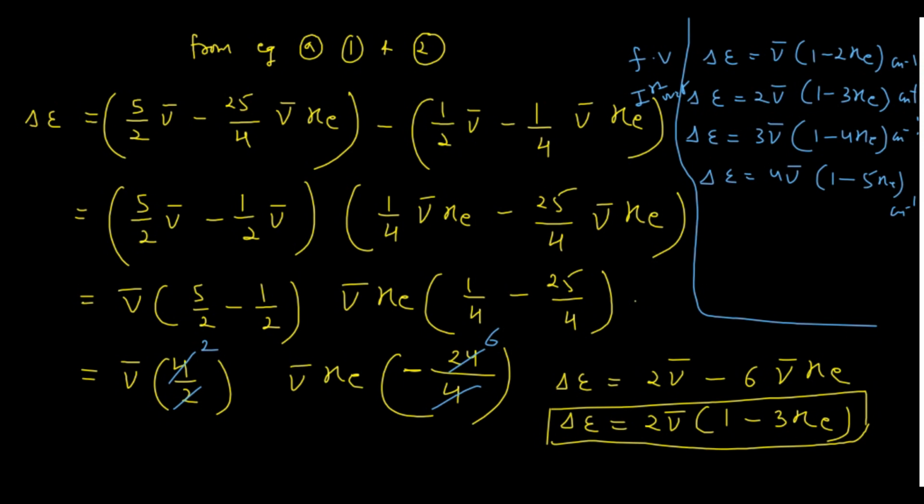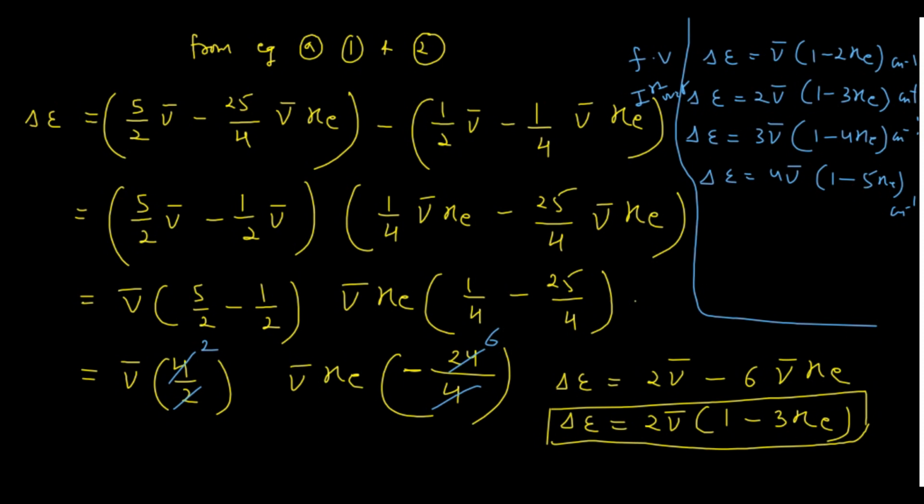But one thing you should note is that the presence of the overtones indicates the anharmonic character of the vibration. If you have the IR spectra and you are getting the overtones, that means the anharmonic character of vibrations is there.